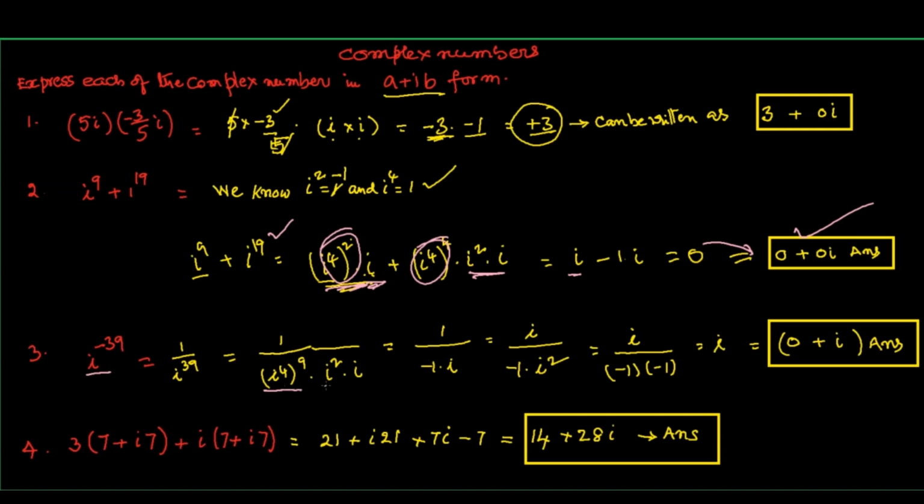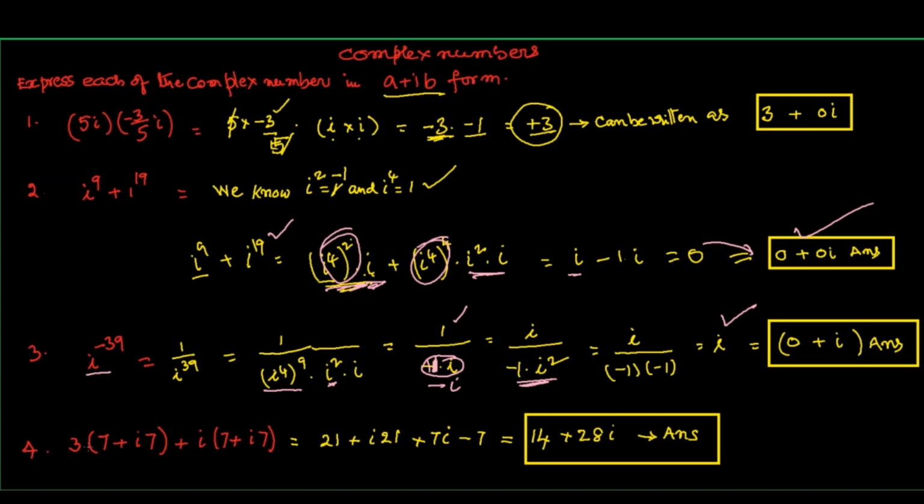This whole thing is 1, so this is minus 1. So you get minus i. So you multiply numerator and denominator with i. i by minus i square. i by minus i square means minus of -1, that is plus 1. You get answer i. i can be written as 0 plus i.